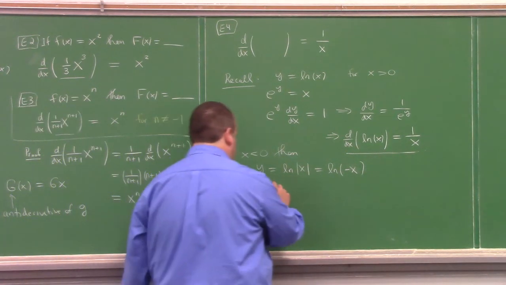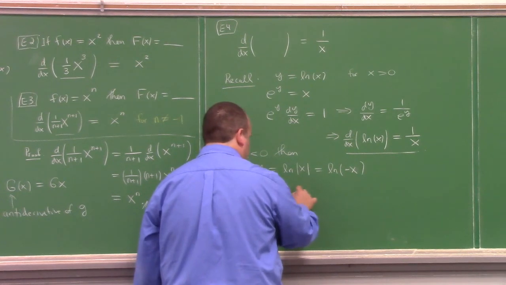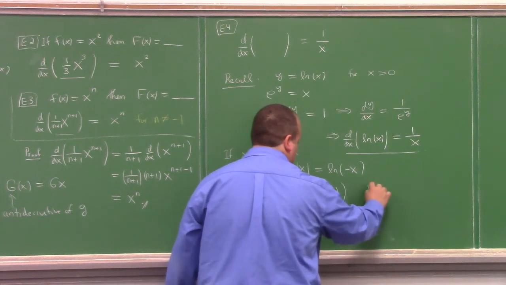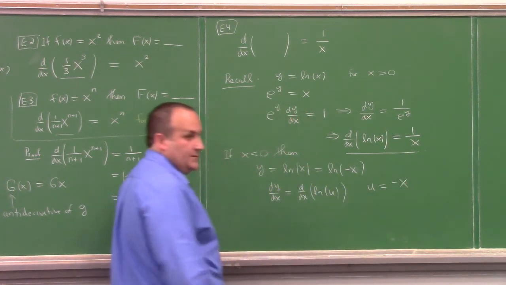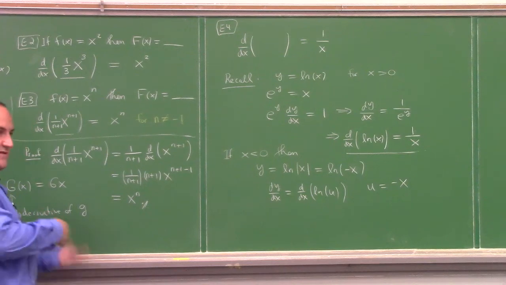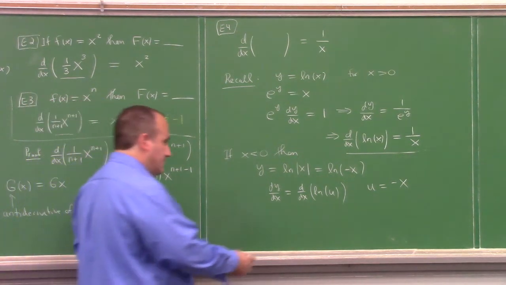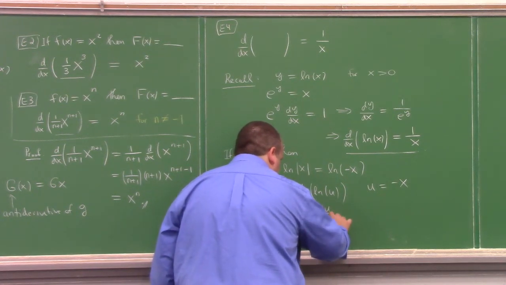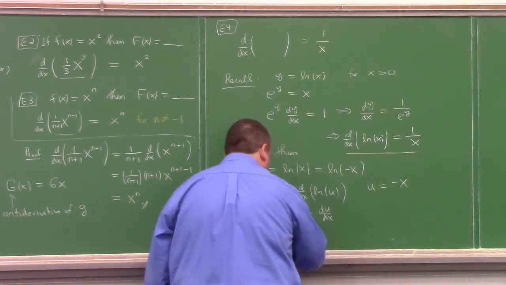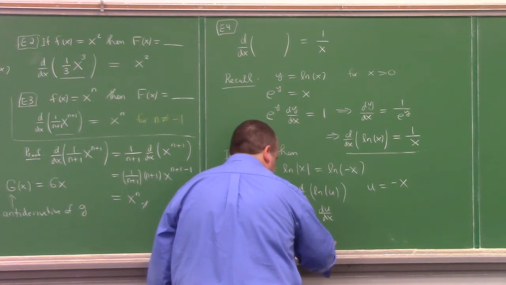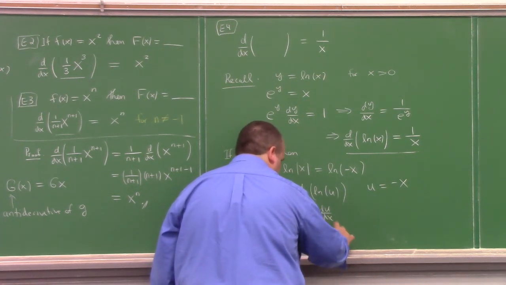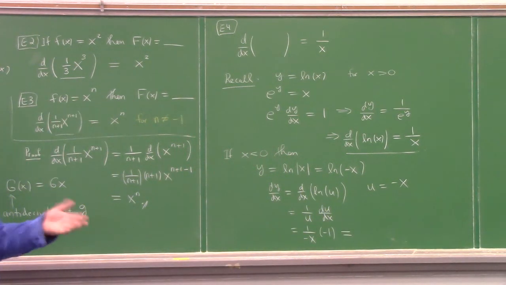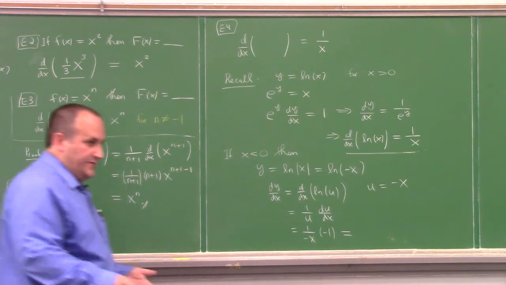Chain rule says dy dx equals d dx of the natural log of u, where u is equal to minus x. And then chain rule says, okay, so that's 1 over u times du dx in this case. But what is du dx? It's minus 1, isn't it? So the minus from du dx and the minus from u equal to minus x cancel, and we're left with 1 over x again.